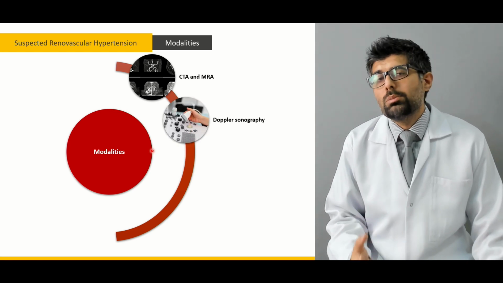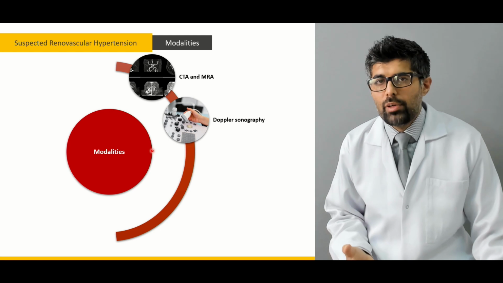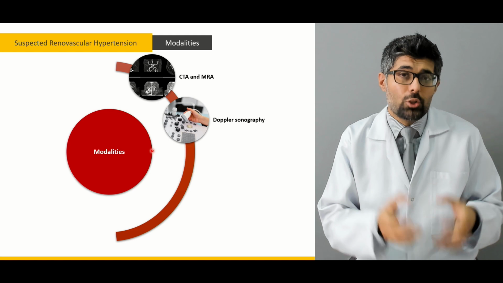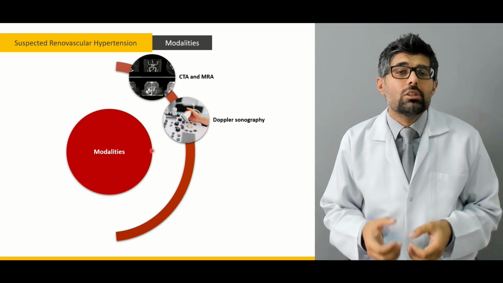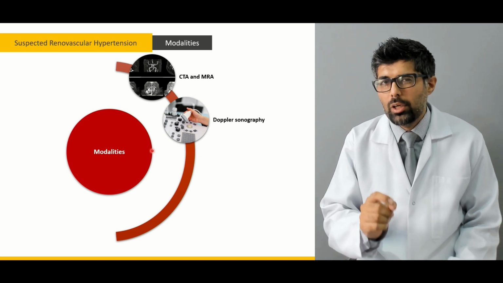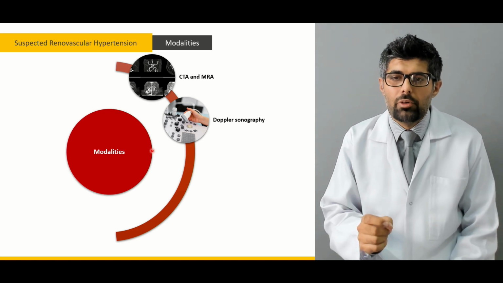Then we can always perform sonography, and if that ultrasound is coupled with a Doppler study, we can find out if there is some kind of stenosis or narrowing of the renal artery.